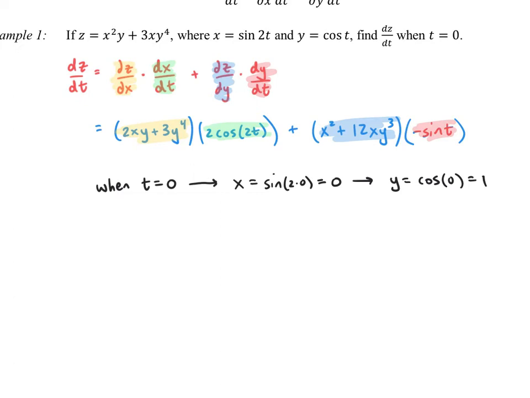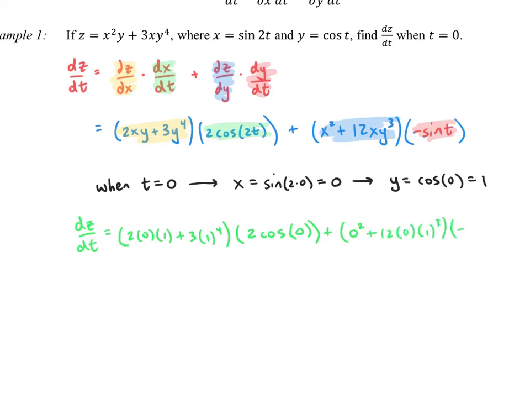All right, so we have everything we need. We're just going to basically substitute everything into our equation for dz dt and figure out what we get. So we have 2 times x, which is 0, times y plus 3 times 1 to the 4th, and 2 times cosine of 0 plus 0 squared plus 12 times 0 times 1 to the 3rd.